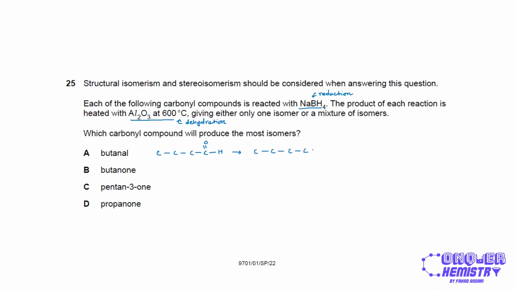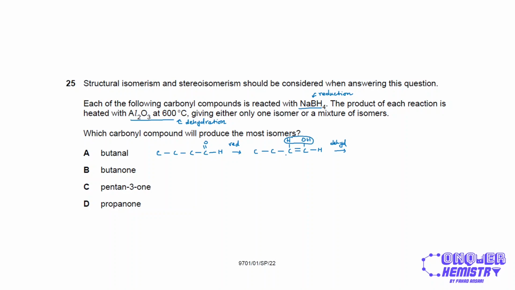We have OH over here and H over here. So this happens after step 1, the reduction, and then in the dehydration, what happens is that the OH is lost from this carbon atom and an H is lost from its neighboring carbon atom to form an alkene.